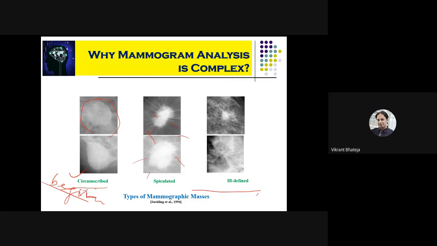So this third category of lesions is generally known as the ill-defined lesions. If you see this kind of structures over there, this could hardly be classified into a circumscribed one or a speculated one, right? But because of the distortion in the structure of this particular area, you cannot say that this is a malignant thing, and you also cannot say that this is a non-cancerous thing.